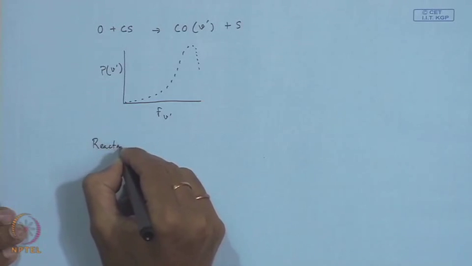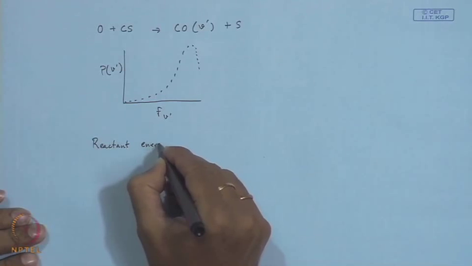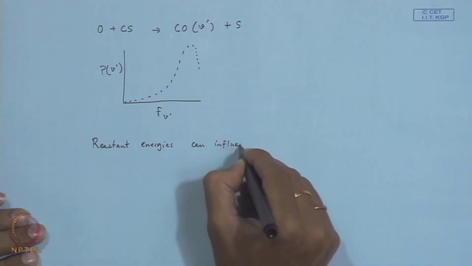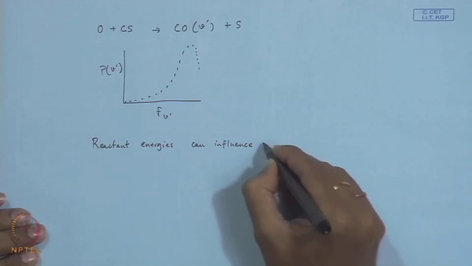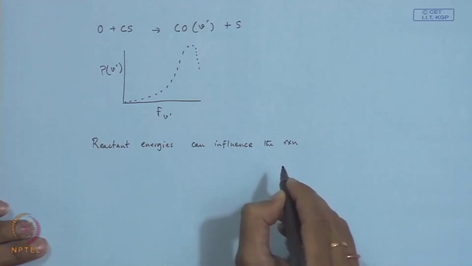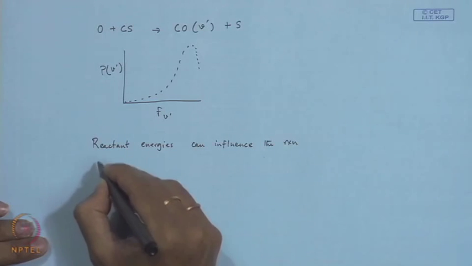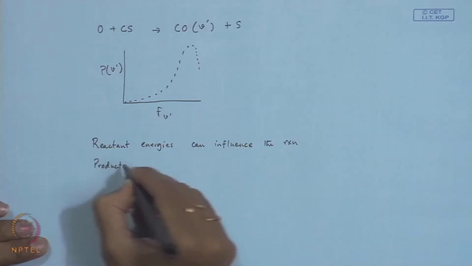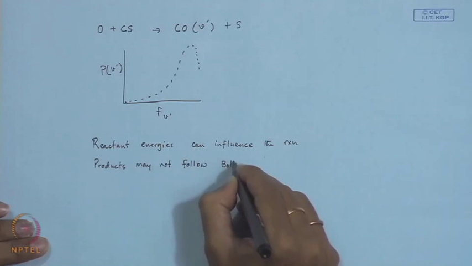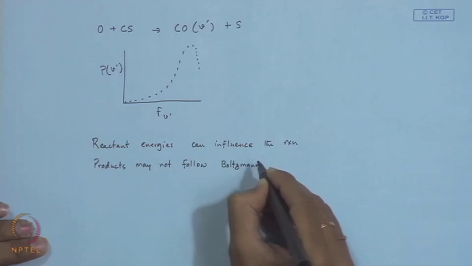So reactant energies can influence the course of the reaction, and the products which are formed may not follow the Boltzmann distribution.